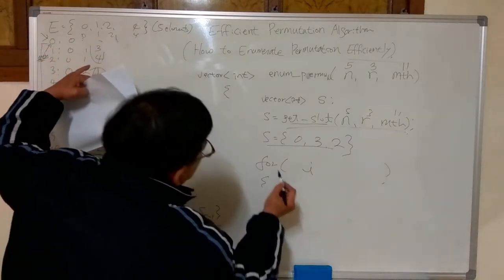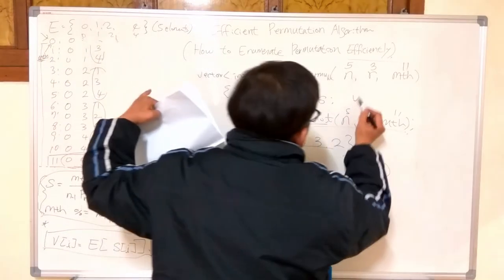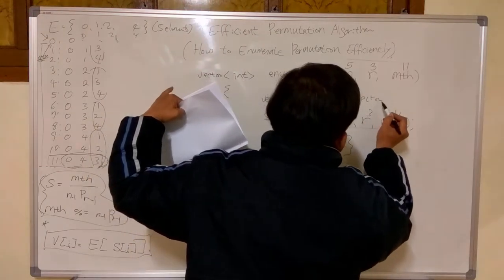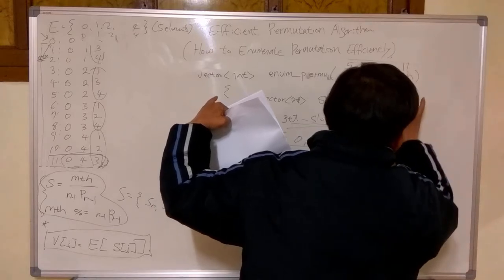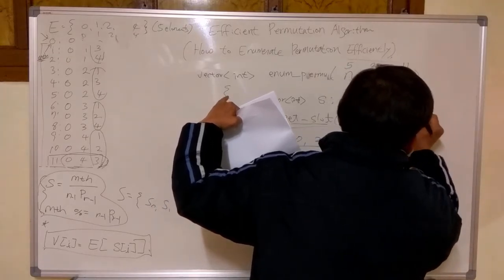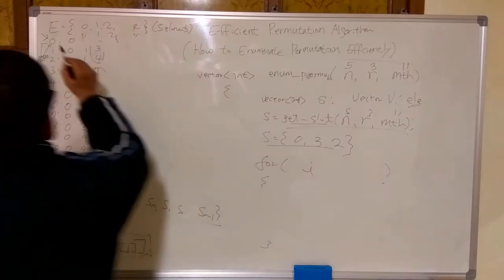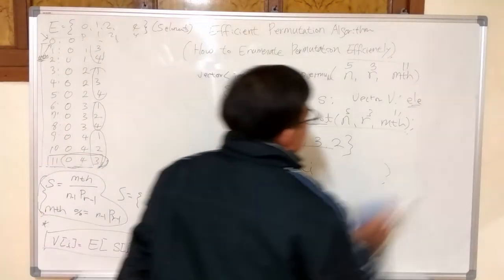We use V. Of course, we need to declare this vector V, the return value, and I will say L is this set, E set, or I can just say E set, E.